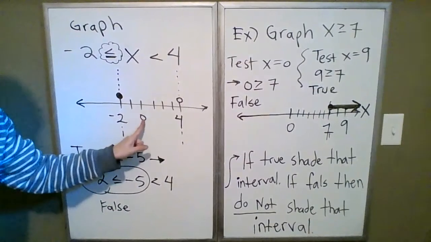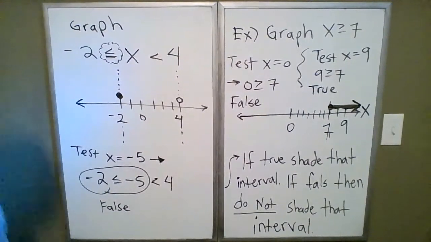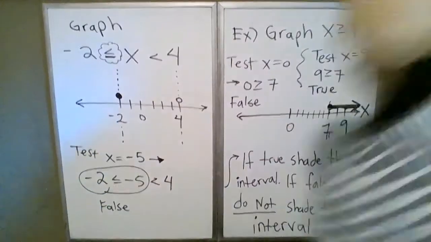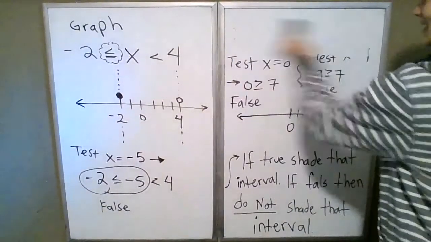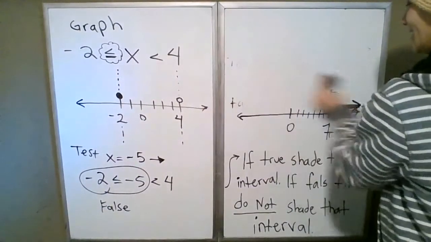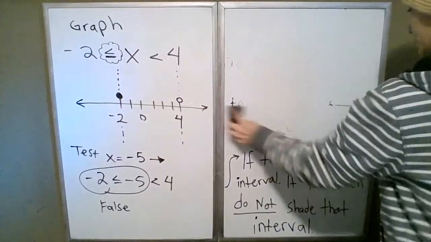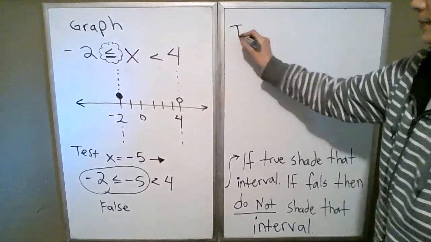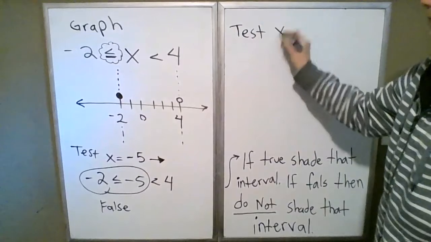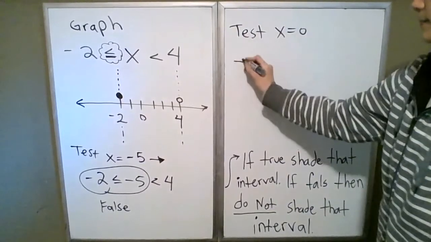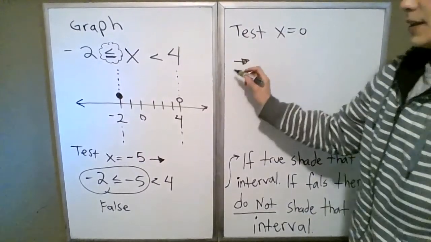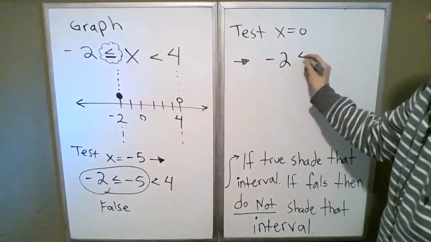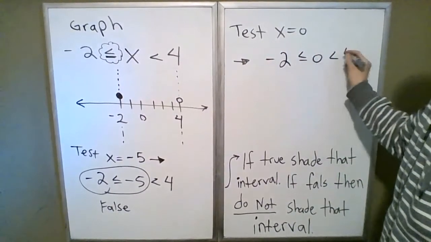Next, let's test 0. -2 less than or equal to 0, less than 4.